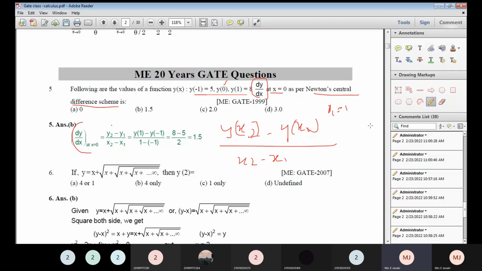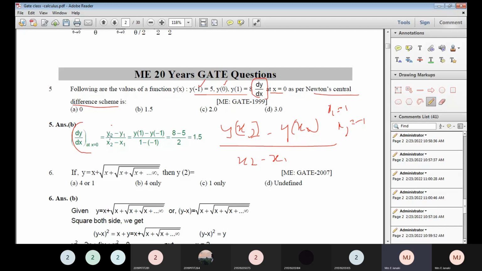And x2 is equal to minus 1. So y of x1 is equal to 8. And here y of minus 1 is given, taken as x2. So y of x2 is equal to 5. y of minus 1 is equal to 5.